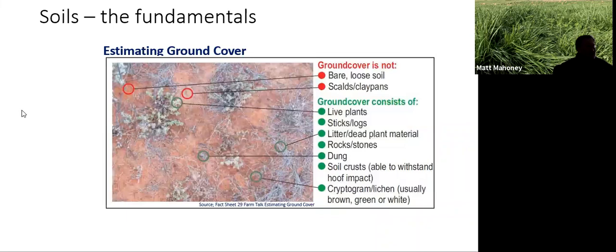So here's just looking at estimating ground cover, and that's literally the amount of organic matter that we have covering the soil. So we've got bare areas and we've got areas that are covered with organic matter.